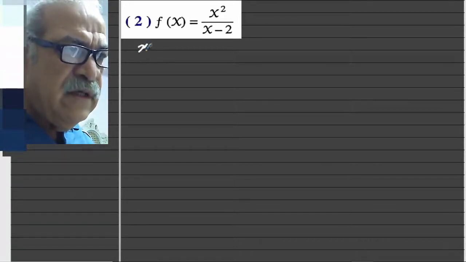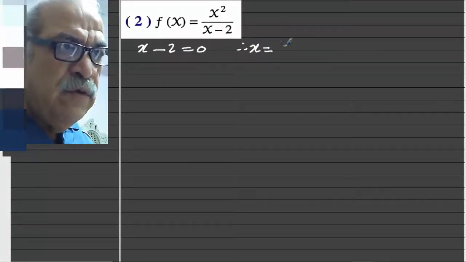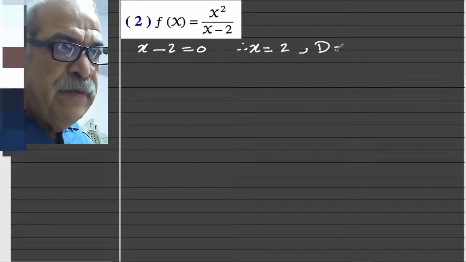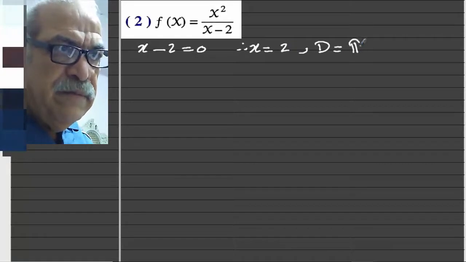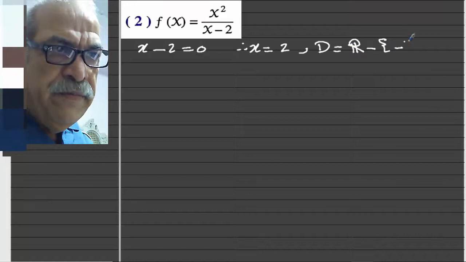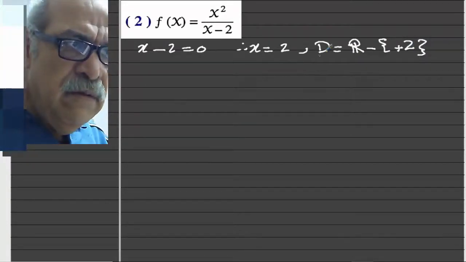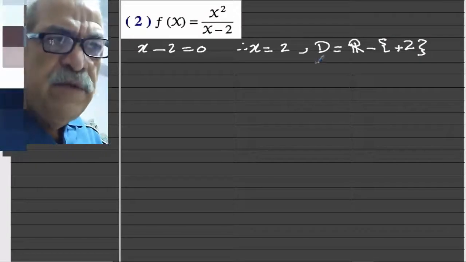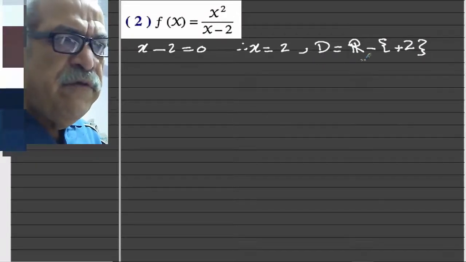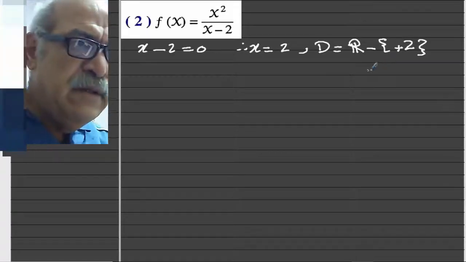So when x minus 2 equals 0, then x equals 2, and then the domain equals R, the set of real numbers, except 2, difference 2. So the domain of the function, denoted by the symbol D, equals R difference 2. So the number 2 is out of the domain.